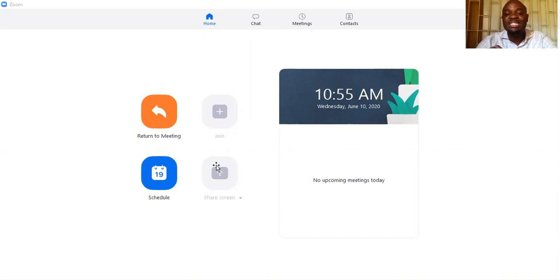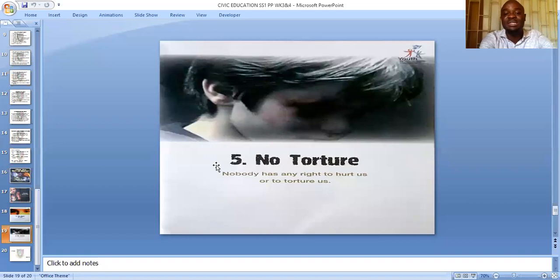Nobody has the right to put you in torture unnecessarily. And there's a part of the constitution that also says you cannot be called a criminal until you're proven guilty. So this is going to be the end of the class.